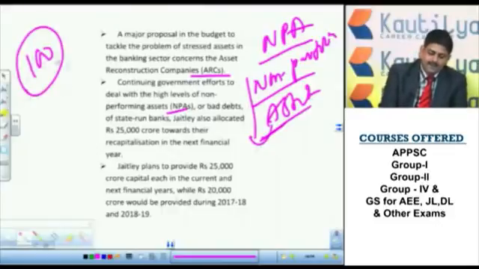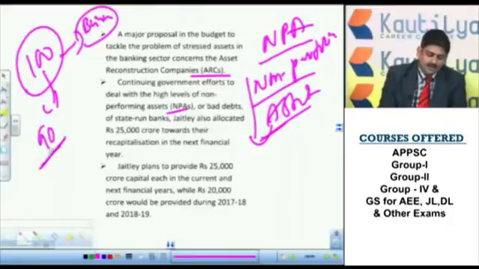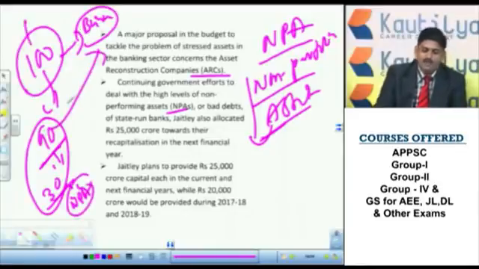If he is not repaying the concerned bank, the bank will wait for 90 days, and after 90 days a notice will be issued with a period of 30 days. After this 90 plus 30 days, it is declared as an NPA. That means the person had taken the loan and is not repaying.